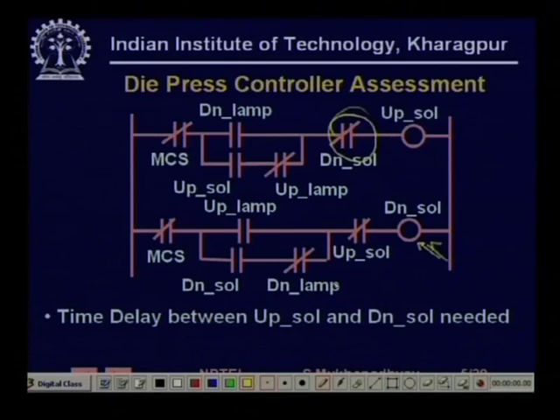When it comes down, it eventually makes the down limit switch, and the down lamp will go on. So, this goes to 1.